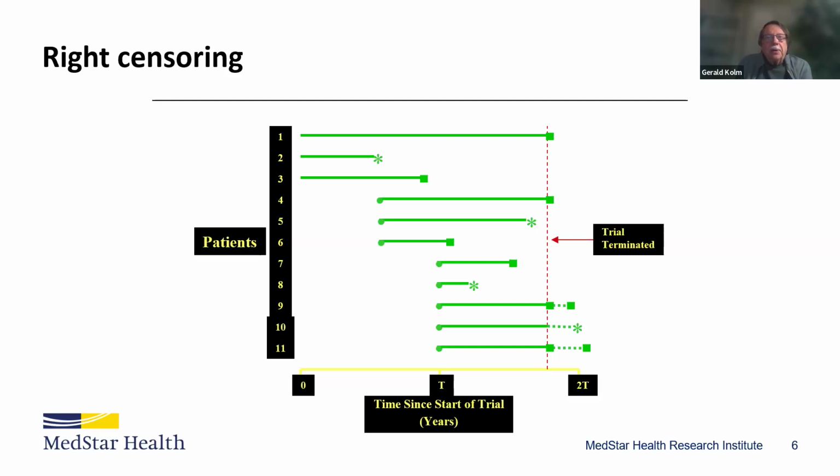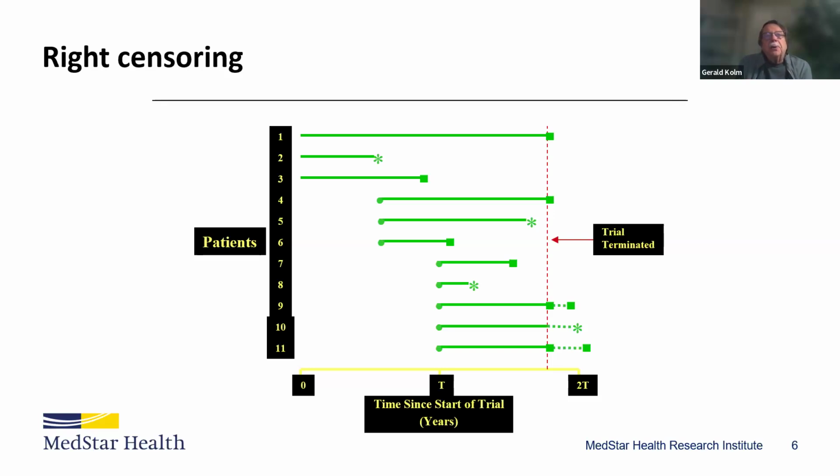And just let me point out, patient number 10 is followed to the end of the study without an event, but perhaps the patient experiences the event of interest after the study is over, but that is not counted in the analysis of the study.